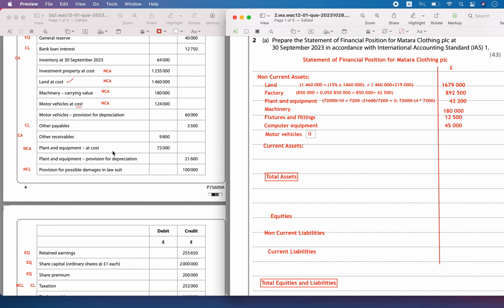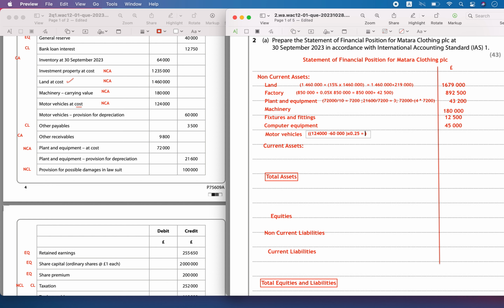Motor vehicles is going to be 124,000 minus 60,000 times 25%, which is 0.25.